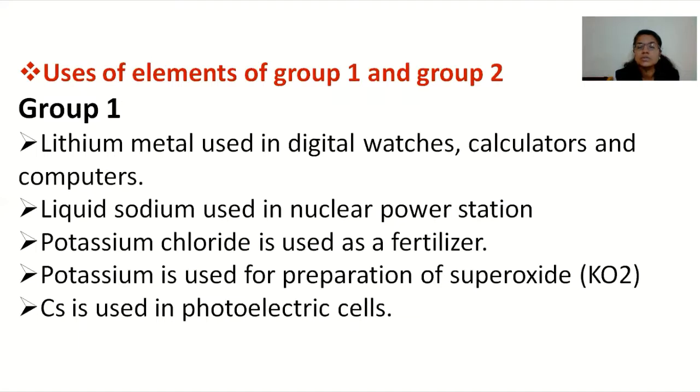It is used in the preparation of long life batteries which are used in digital watches, calculators and computers. The second use is that liquid sodium has been used for heat transfer in nuclear power stations. That is, sodium in liquid form is used for heat transfer in nuclear power stations.